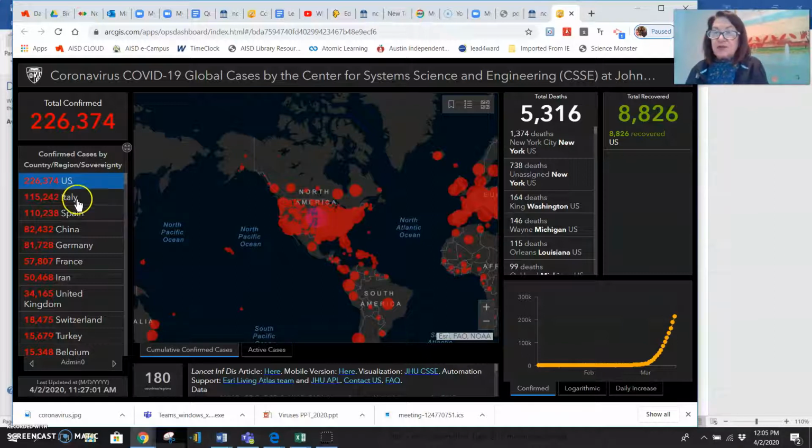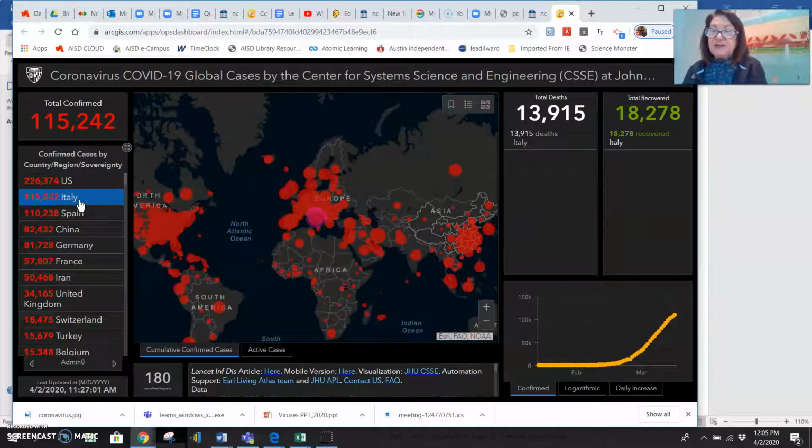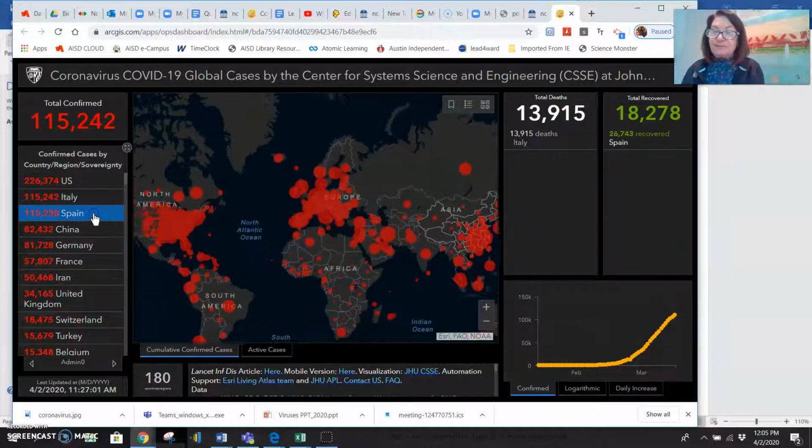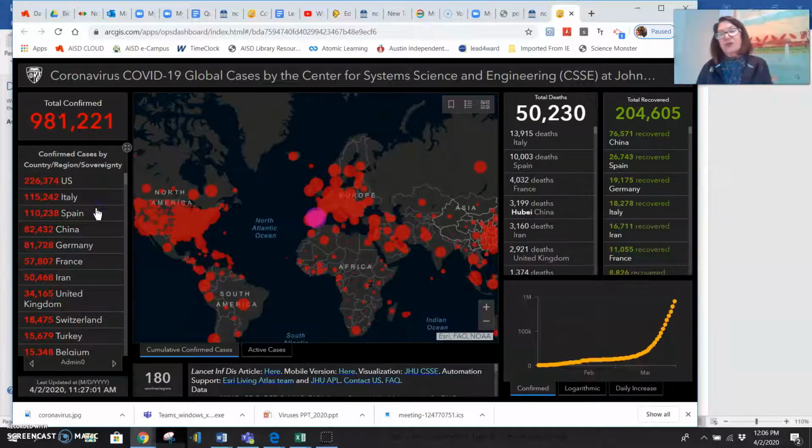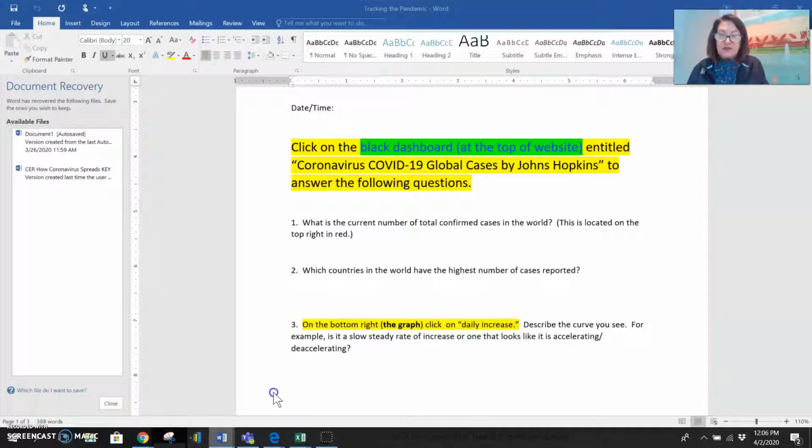And then the one under it, Italy, has the next highest number of confirmed cases. And then we have Spain. So for number 2, it would be the United States, Italy, and Spain, because they're the highest on this list.